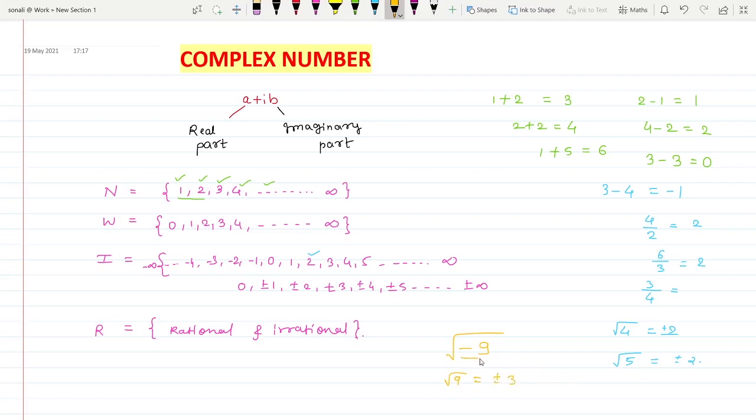But if it is a negative term, then I can't take the square root of a negative term. So at this time, we have to consider the imaginary term i, which has a value root minus 1. And if I square the term, it is i square equals minus 1.